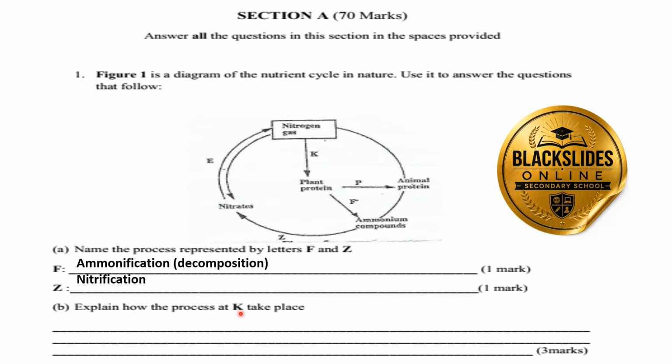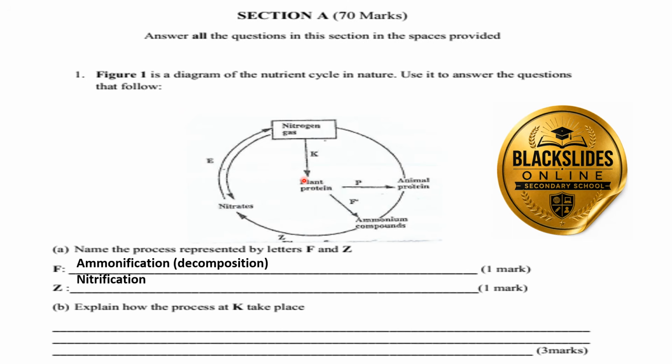Explain how the process at K takes place. We mentioned that K is nitrogen fixation. This can happen in two ways. It can be done by some special kinds of bacteria, which are found in the soil and also in certain plants such as beans and groundnuts.